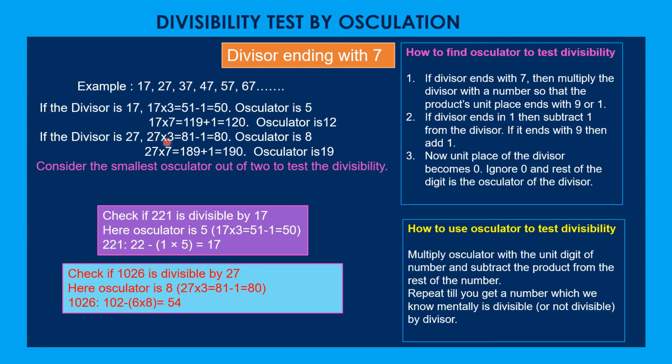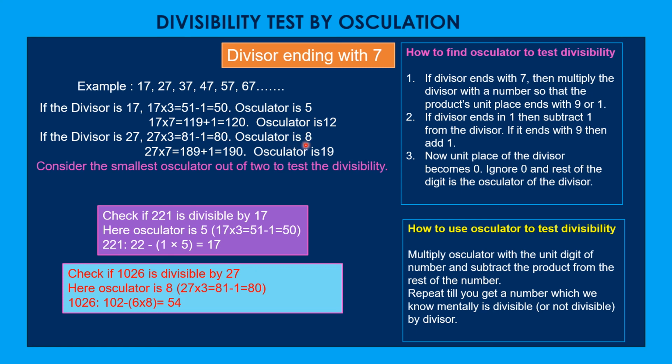So when you multiply 27 with 3, you get 81. 81 minus 1 is 80. So the oscillator is 8. And similarly, when you multiply 27 with 7, you get 189. 189 plus 1 is 190. And hence your oscillator is 19. But you will take the smallest oscillator to test the divisibility.